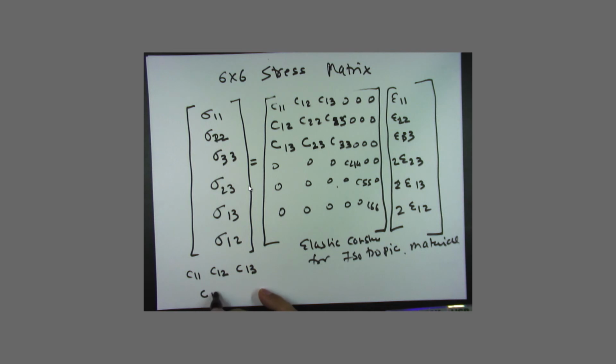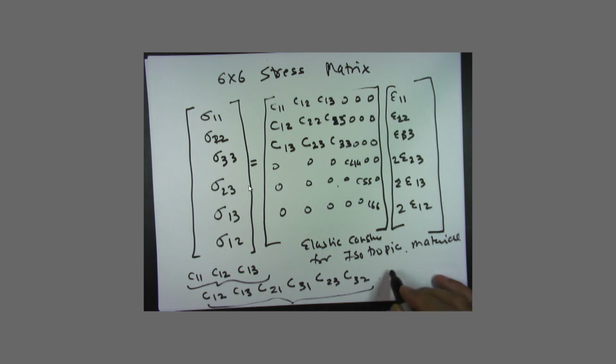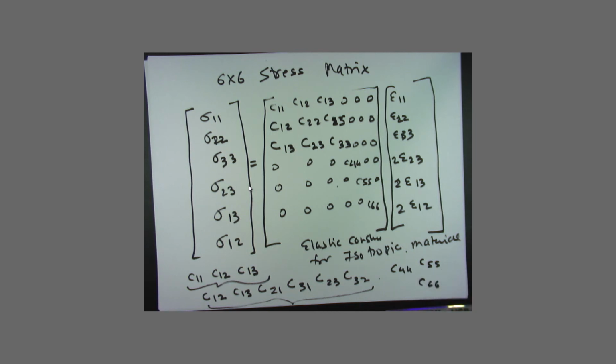And so, you have then C 1 2, C 1 3, C 2 1, C 3 1, C 2 3 and C 3 2, these are the cross terms, and then the shear terms are C 4 4, C 5 5 and C 6 6.